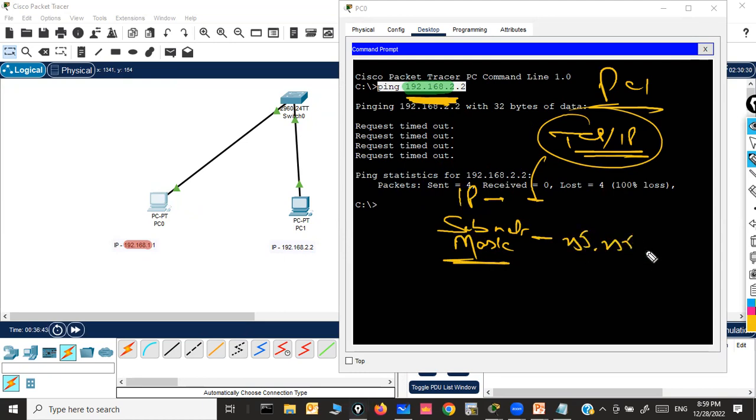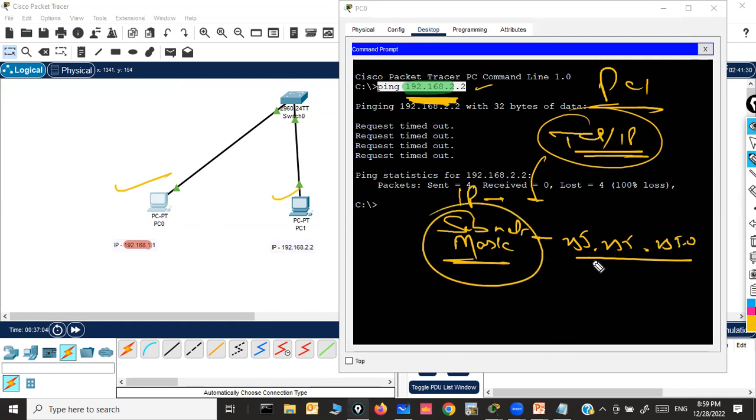If you have noticed, after putting in the IP address, another value is automatically filled in: the subnet mask, 255.255.255.0, on this machine and also on the other computer. So TCP/IP first looks at the subnet mask.